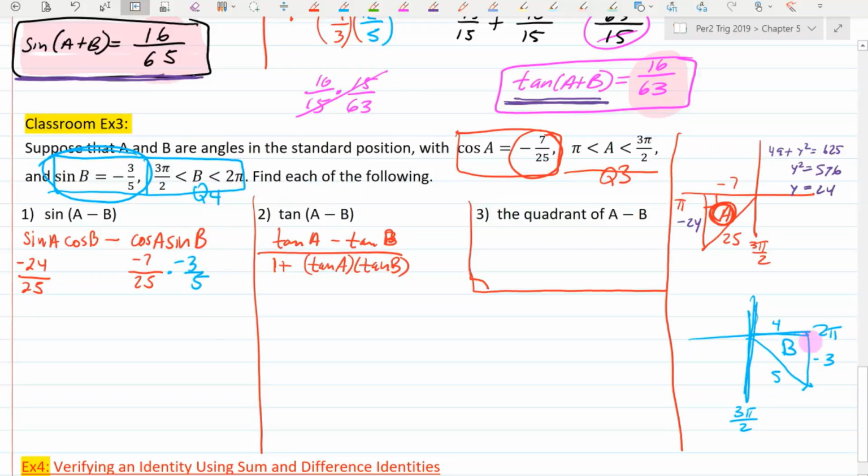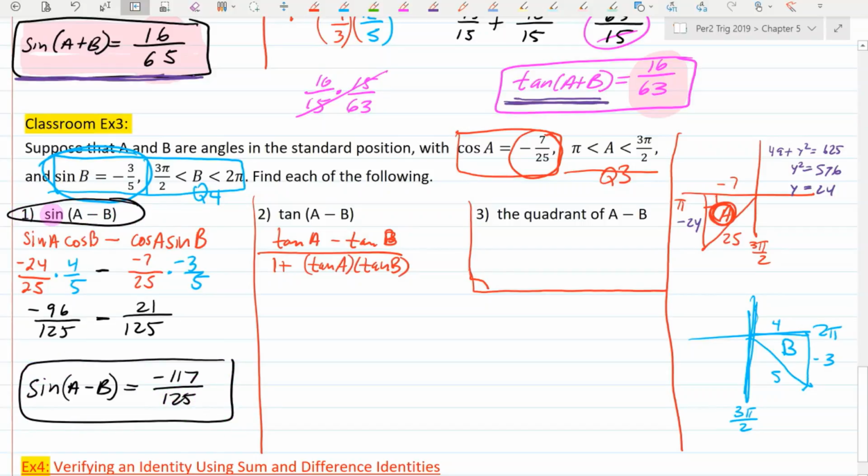And then cosine is 4/5. And this is a minus sign right here. So if I did the work here, I would have negative 96 over 125 minus 21 over 125. So sine of A minus B is equal to negative 117 over 125.